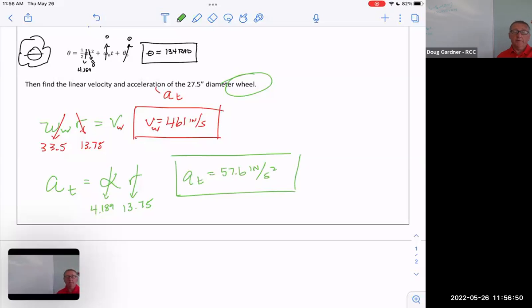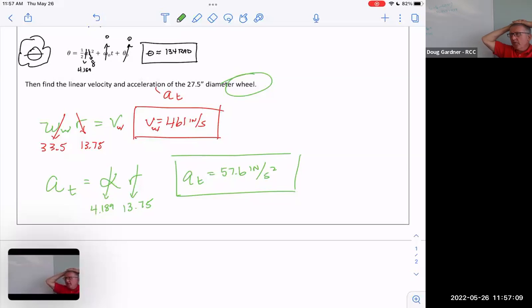So wow, at that time, your bike is increasing by, well, 60 inches is 5 feet, so it's going like 5 feet per second faster. It's not speed, it's going 461, but 1 second later, it's going to be going 60 faster than that. That's kind of cool to know, isn't it?